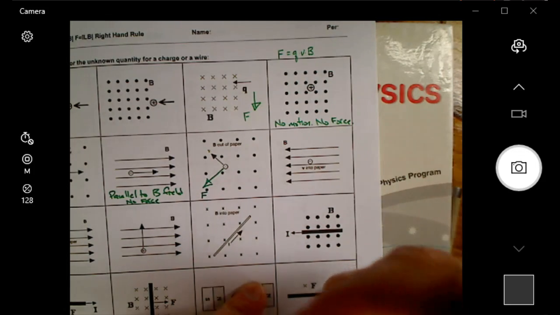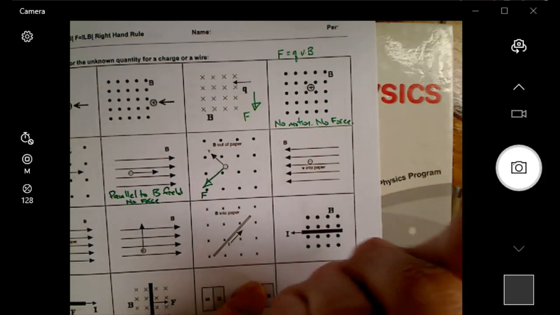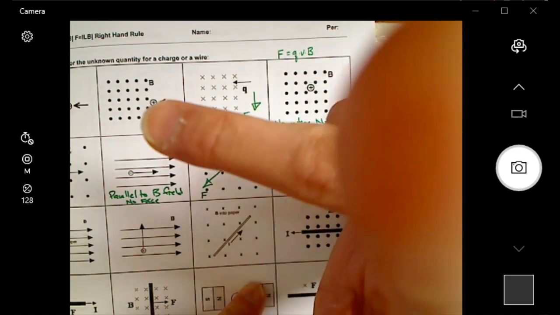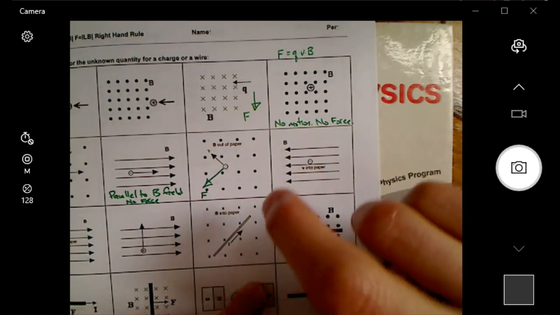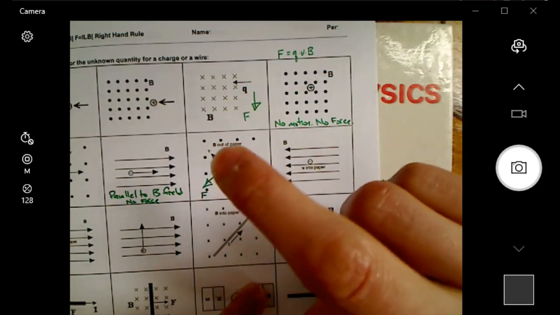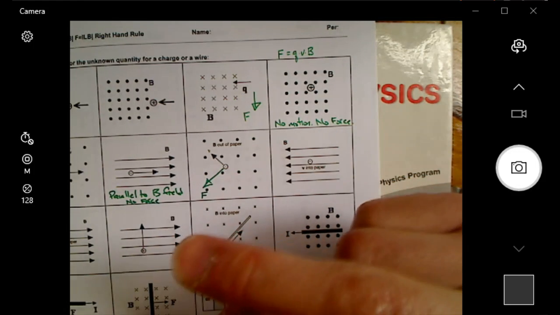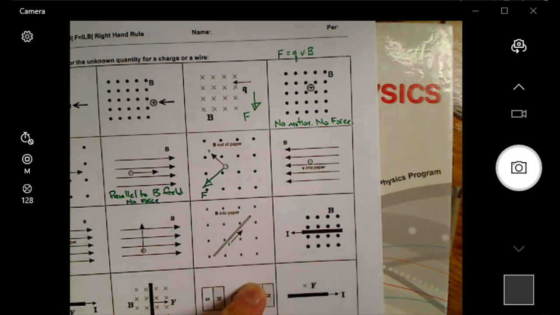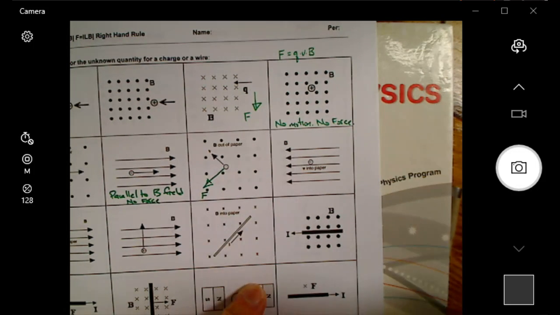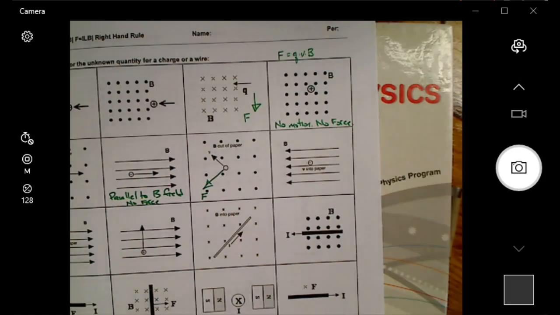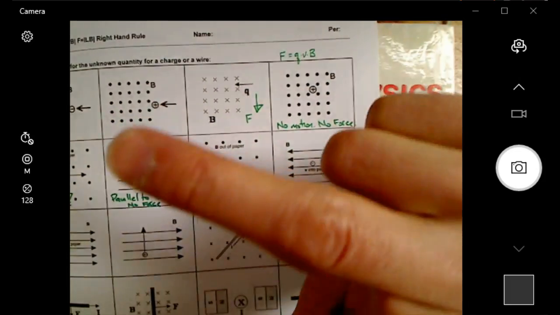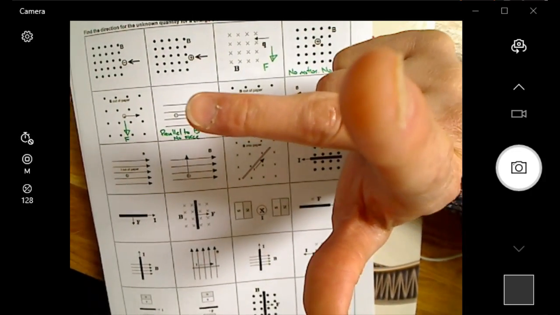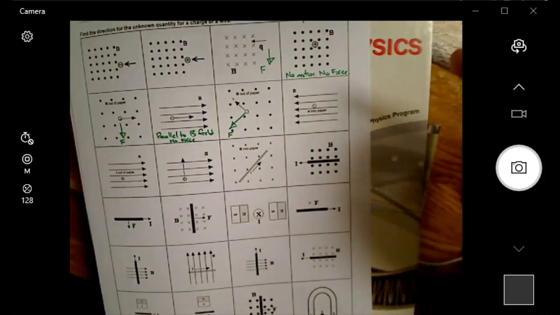So my index finger is still pointing up, and my middle finger is pointing to the left. My thumb now is pointing down, and I can't quite show this with the webcam. So I'll do this again.